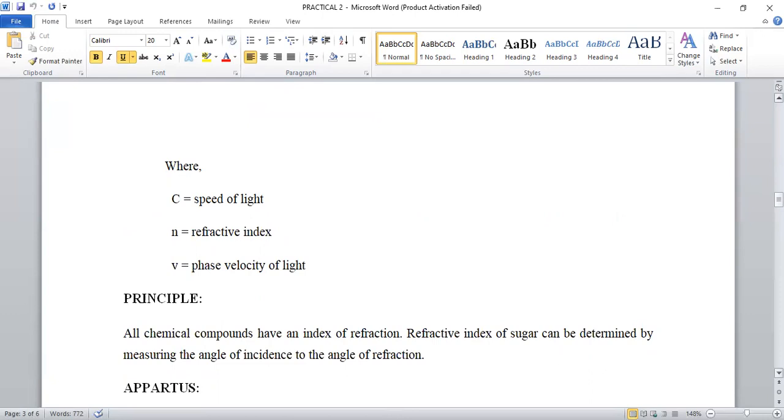So what is the principle of the refractive index method? All chemical compounds have an index of refraction, and the refractive index of sugar can be determined by measuring the angle of incidence to the angle of refraction.